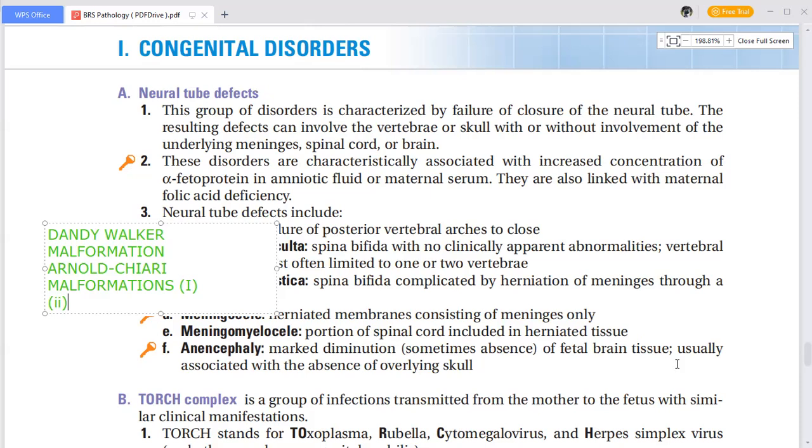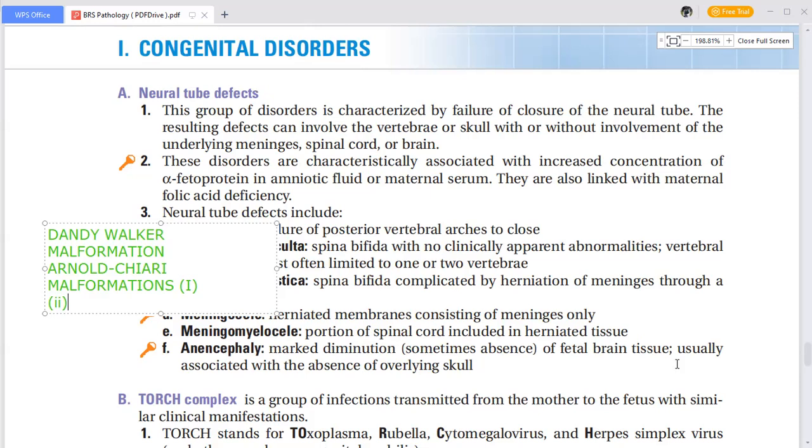Imagine the cerebellum, which is not supposed to end inside the skull, extending into the vertebral canal, the spinal cord. That is called Chiari malformation type 1. It is often silent, meaning not generally silent; there can be some symptomatology and some clinical features, but it can also present with CSF flow obstruction.